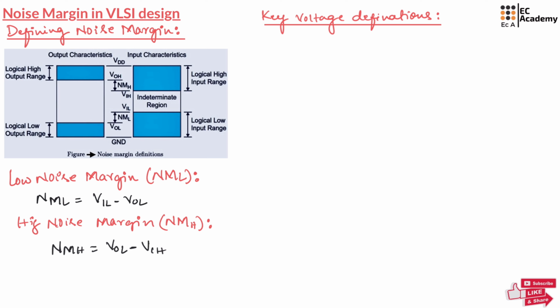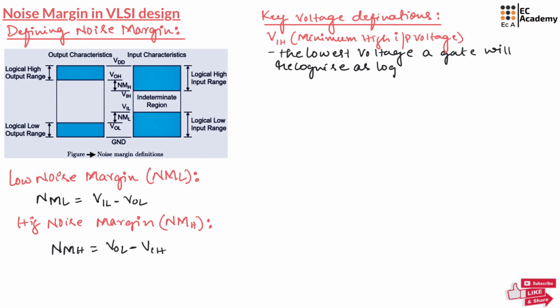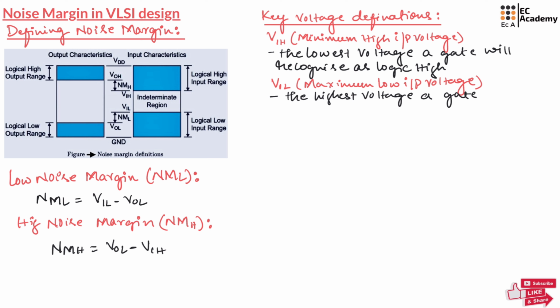Now let us clarify some terms. The first term is VIH, the minimum high input voltage, which is the lowest voltage a gate will still recognize as logic high. Next is VIL, the maximum low input voltage, which is the highest voltage a gate will recognize as logic low.